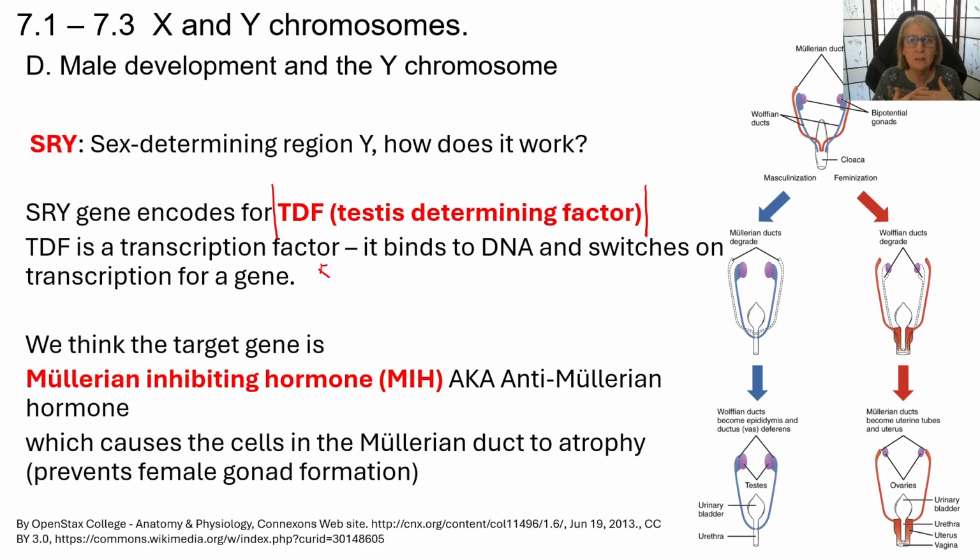The Mullerian duct is the duct that leads to the development of the female gonads, the ovaries, and the fallopian tubes, and the whole female sex development pattern. So every embryo starts out with the possibility of either being male or female. If you inhibit the development of female, you develop as male. If you do not inhibit or stop the development of female, you develop as female.